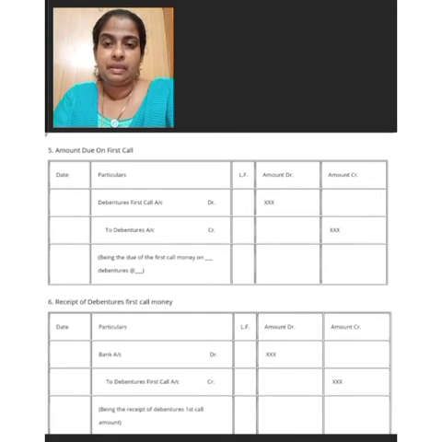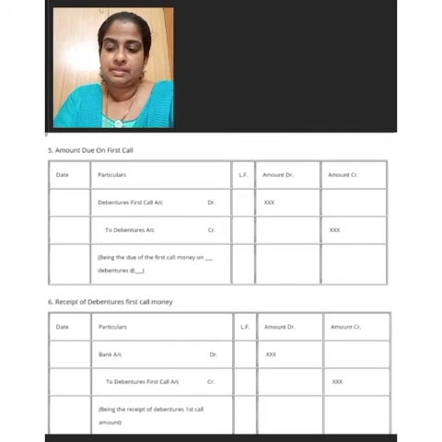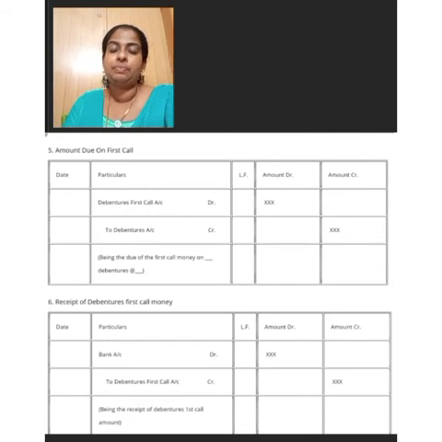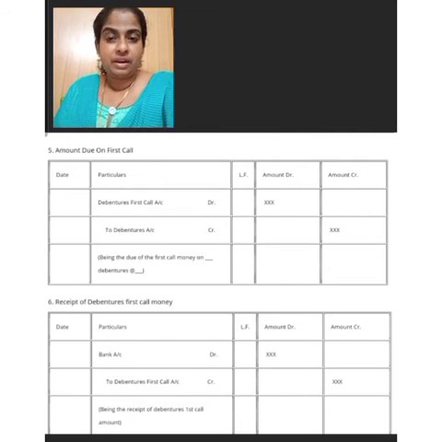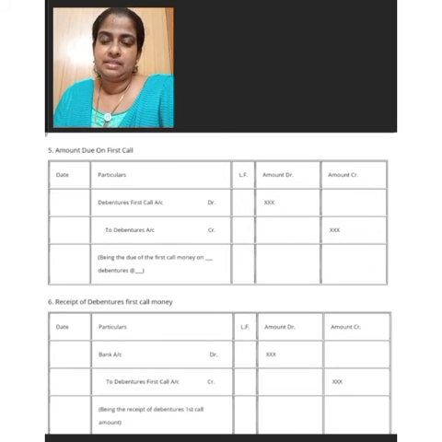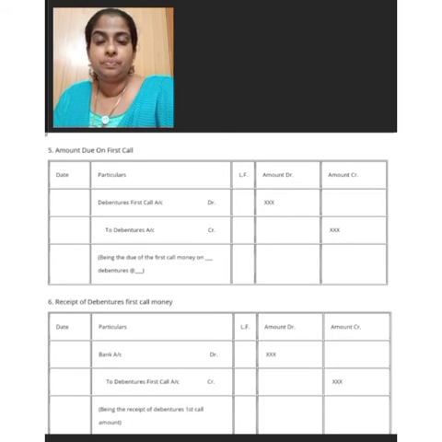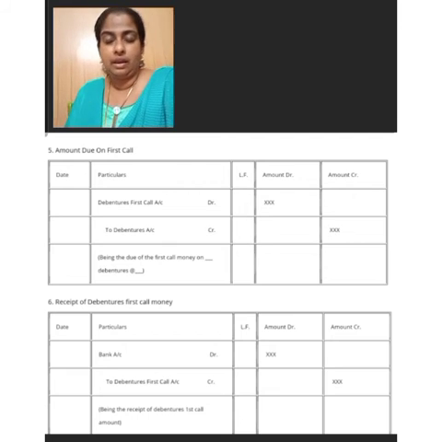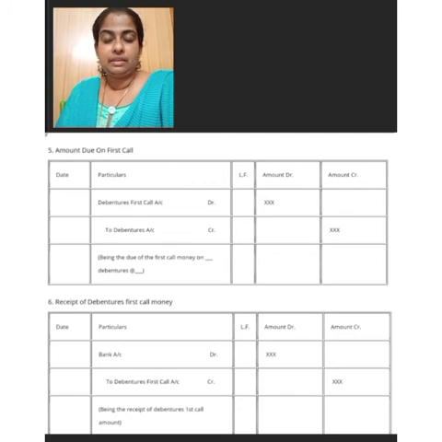Sometimes there may be calls in arrears. A debenture holder may fail to pay the first call money on 100 debentures. In that case, the amount transferred to the due entry, due on first call, is 10,000 into 30, that is 3 lakh rupees.